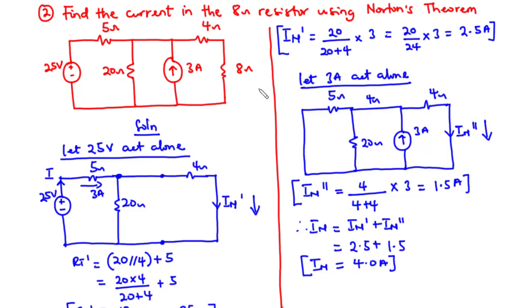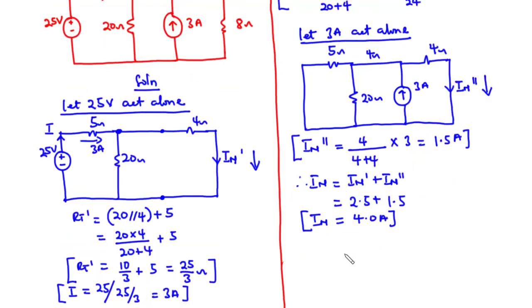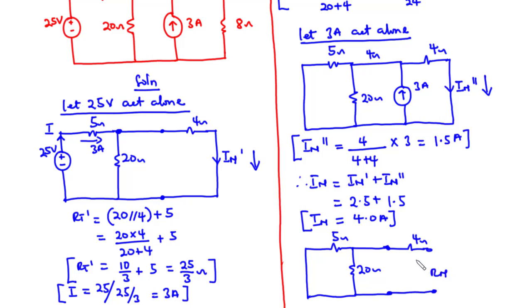So to find Rn, we are going to represent the 25 volts with a short circuit and the current source with an open circuit. So that's going to look like this. We have the 5 ohms, 20 ohms. We have an open circuit, 4 ohms, and then we have the terminal AB, and this is Rn.